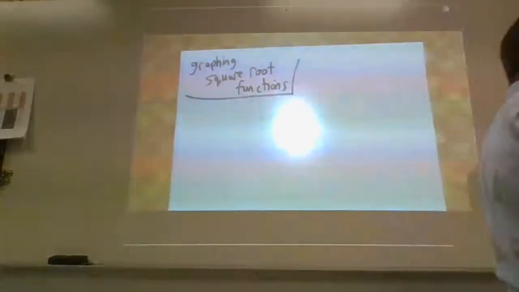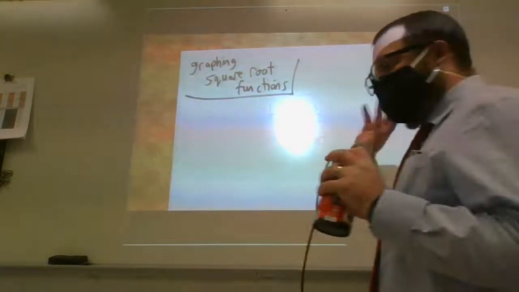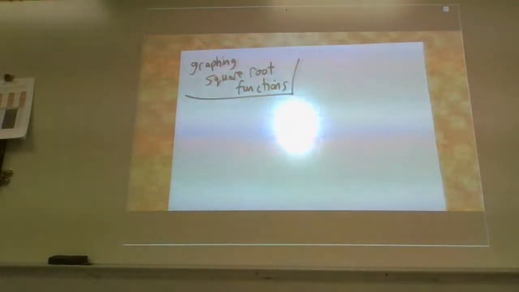The inverse operation of a basic quadratic is a square root function. When a square and a square root come into contact with each other, they cancel each other out.